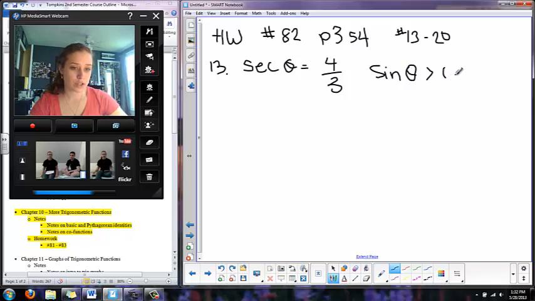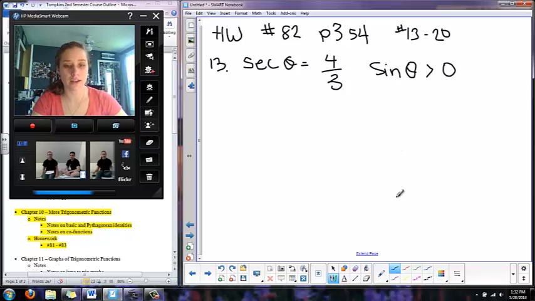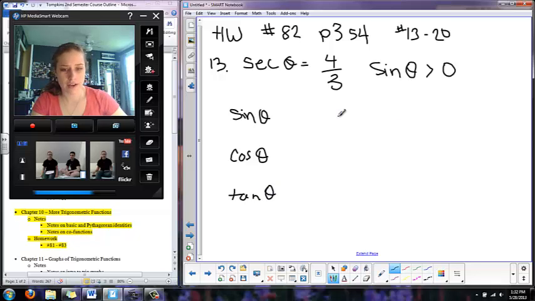So we're using other pieces of information to try to figure out which quadrant we're in, and we have to find the remaining trig functions. So sine, cosine, tangent, and the reciprocals as well. And this just kind of adds a slight twist to things, but that's okay.